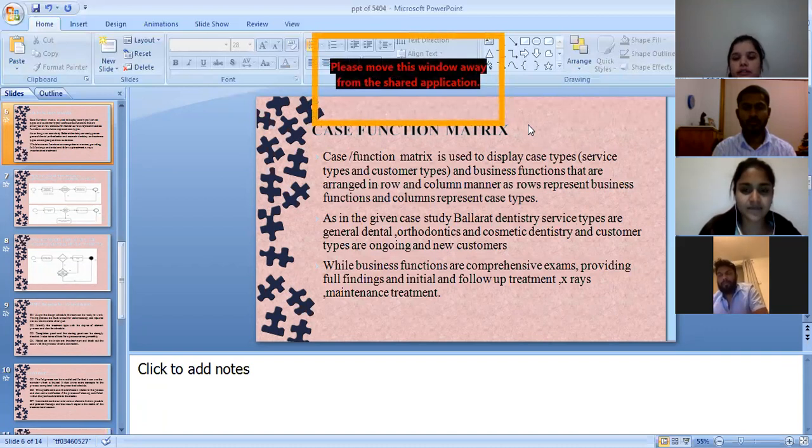And there are business functions also, and these case types and function types are arranged in the form of a matrix, in rows and columns.